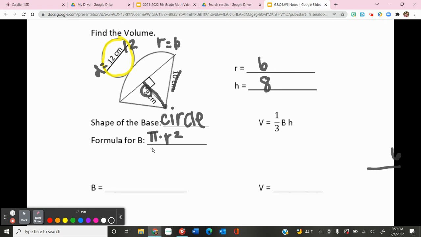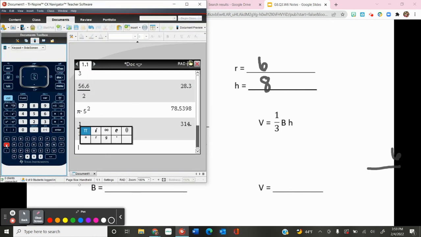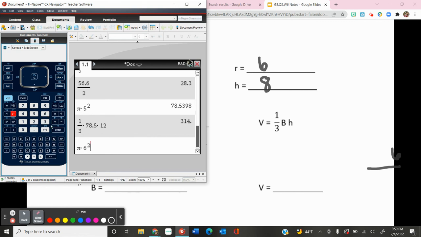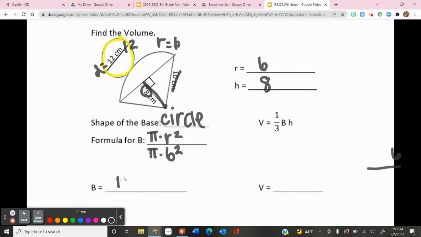Now let's find the area of our base, which is pi times the radius of my base, which is 6, squared. Going to our calculators, we take pi times 6 squared, and we get 113.09, which rounds to 113.1. Now we plug the area of our base into our formula.